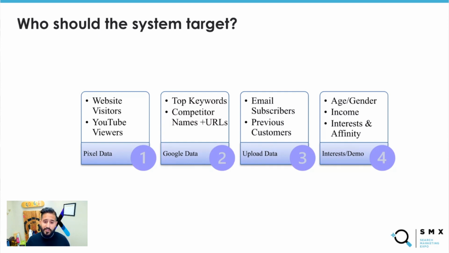Then you've got the Google data, which is search intent, people who search for certain keywords, visited competitor websites, and so on. Third, you have your customer data, your email subscribers, and so on. And then lastly, interests and demographic data, affinity groups, and so on. I don't love to use group number 4 for targeting because it's not as closely correlated to your business. But I highly recommend focusing on the first 3 sections here.